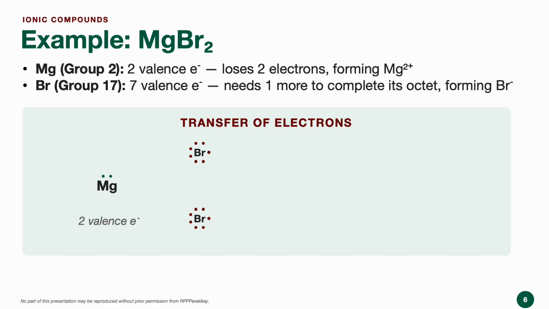So it picks up a single electron and becomes Br-, or bromide. Since magnesium is giving away 2 electrons total, it needs 2 separate bromine atoms to accept them, 1 electron each. That's why the formula is MgBr2, and remember also the criss-cross method discussed in the nomenclature of ionic compounds.